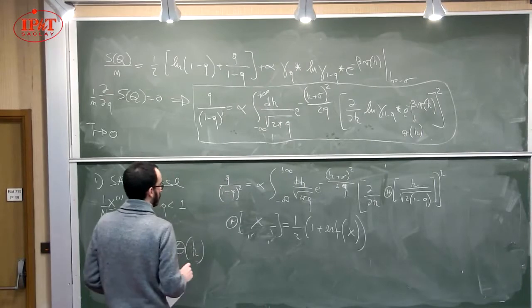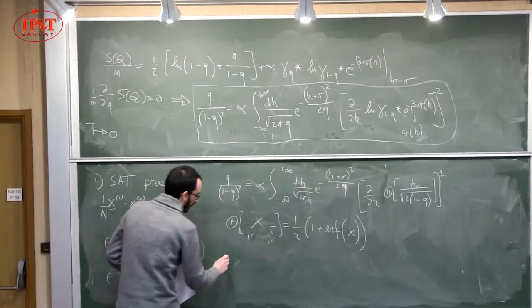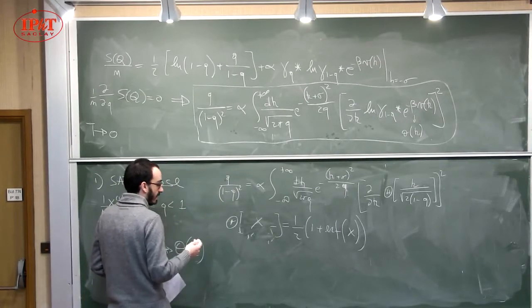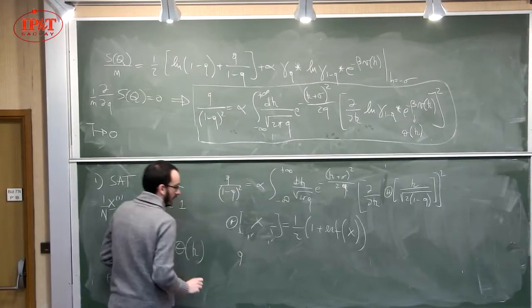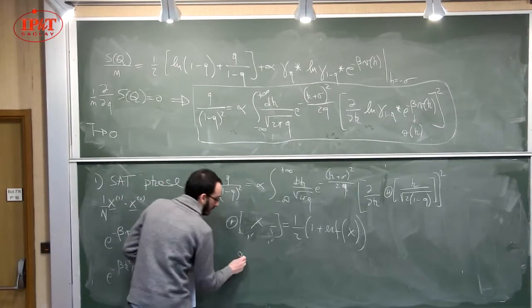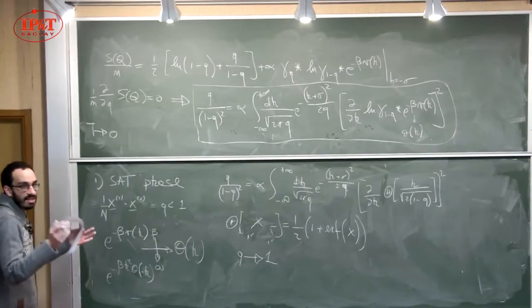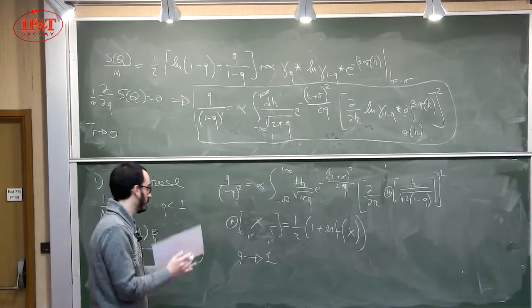Okay, so once you have this, suppose that you are in the SAT phase, and now you want to go towards the unsat phase. What you can expect is that when you go towards the unsat phase, Q goes to 1. The idea is that the space of solutions is shrinking to just one configuration.